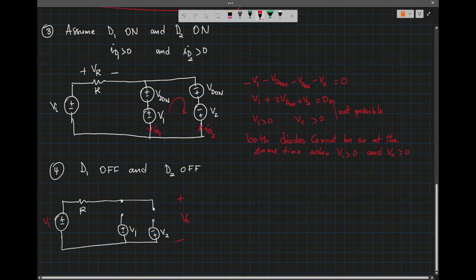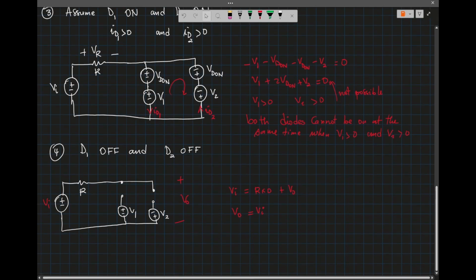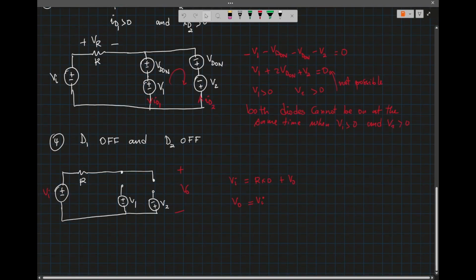In this case, there is no voltage drop across the resistor. So Vi is equal to the current times 0 plus V0. So V0 is equal to Vi when both diodes are off.